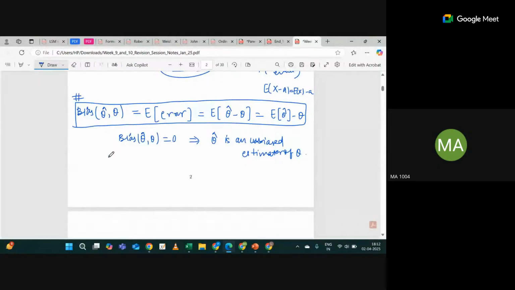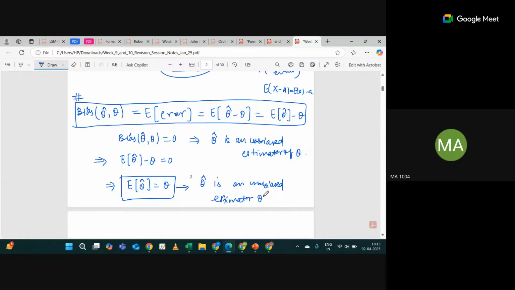If the bias is 0, I can write expected value of theta hat minus theta equal to 0. So this means expected value of theta hat equals theta, right? So if the expected value of the estimator is equal to the parameter, then I will say theta hat is an unbiased estimator of theta. Are you getting it?